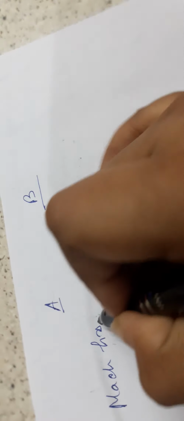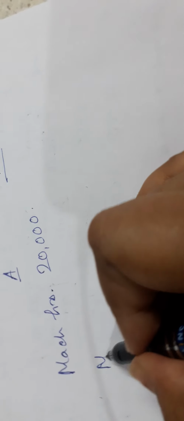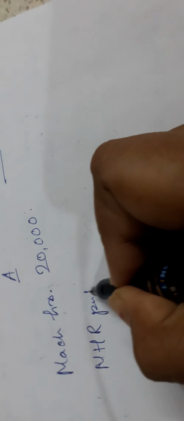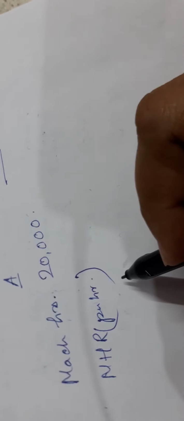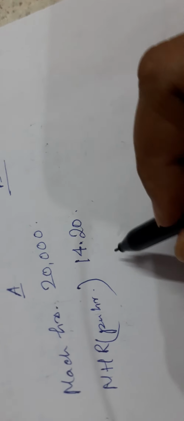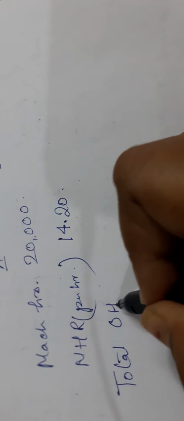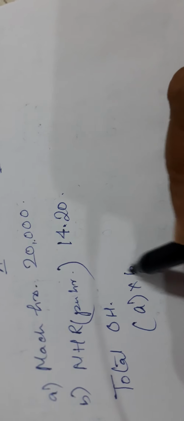Now machine hours for product A. For product A, for how many hours is the machine running? 20,000 hours. MHR, that is machine hour rate per hour, I'm just writing it to make you understand. If a machine runs 1 hour, the cost will be 14 rupees 20 paise. So 20,000 into 14.20 comes to 2,84,000.